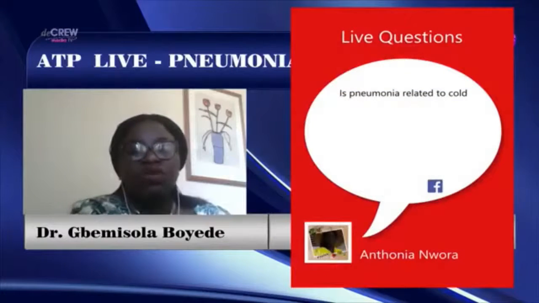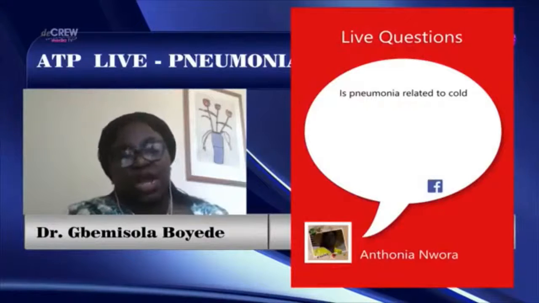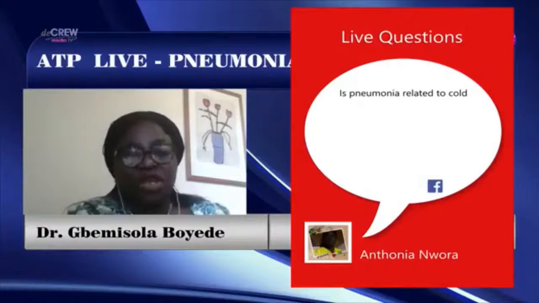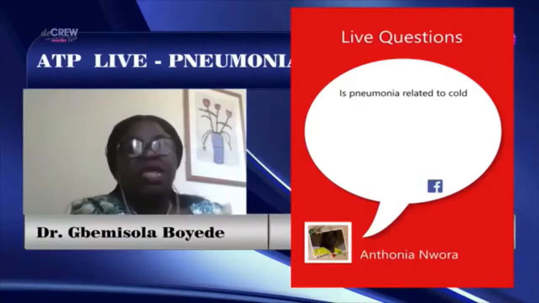So we need to make sure that all our children are fully immunized to protect them. Also, the BCG vaccine will protect against tuberculosis pneumonia. But there are so many bacteria, so many viruses, we can't possibly have vaccines against them all. Those vaccines are the ones that protect against the commonest ones that cause pneumonia in children.